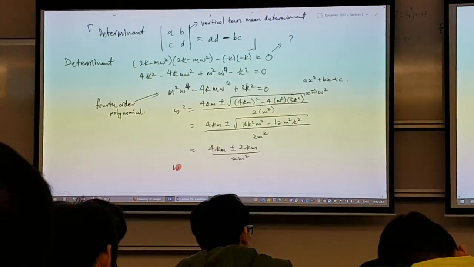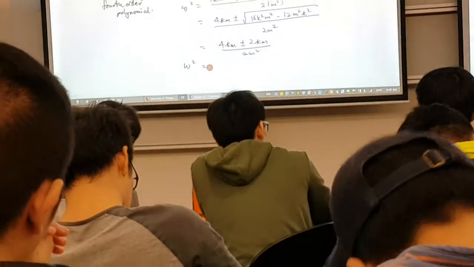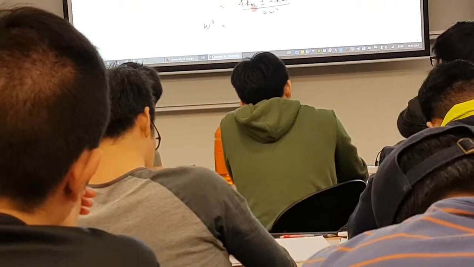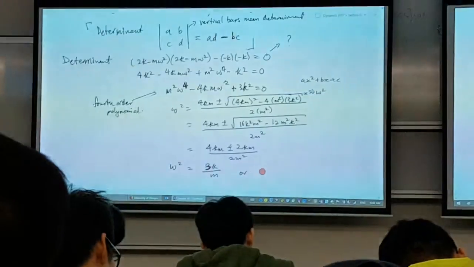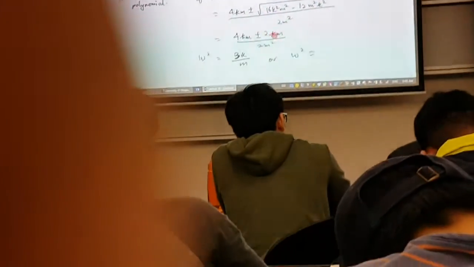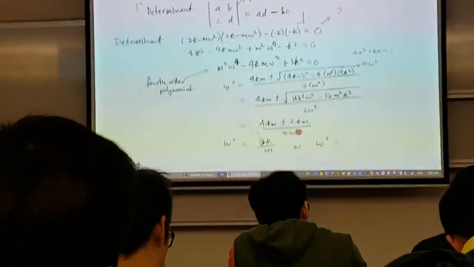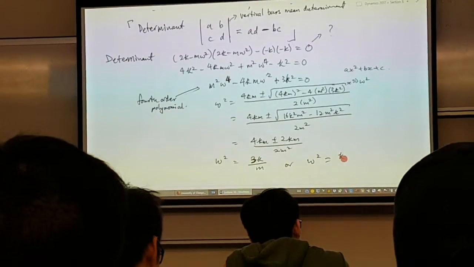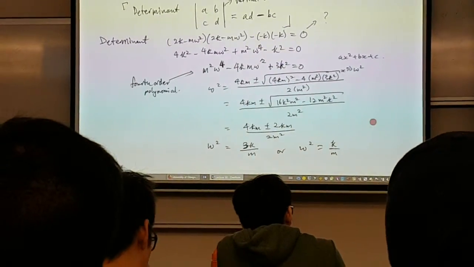So eventually your omega squared will be equal to 4km plus 2km, that's 6km divided by 2m squared, that's 3k over m. Or the other omega squared will be equal to 4km minus 2km divided by 2m squared. That will be k over m.